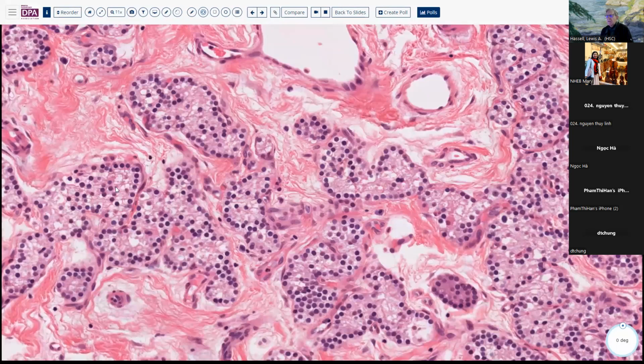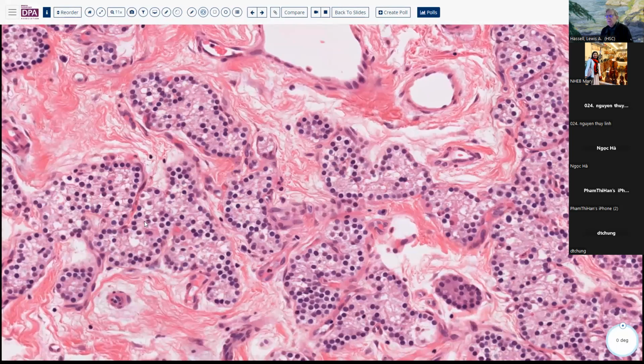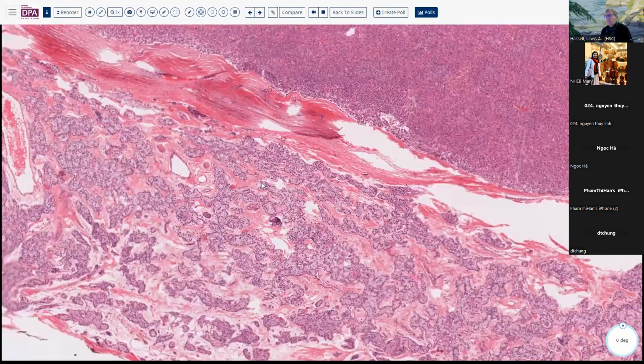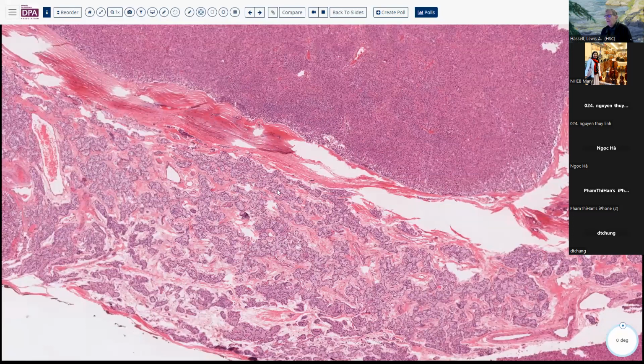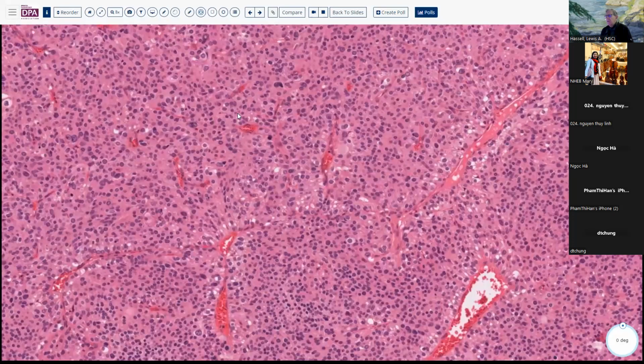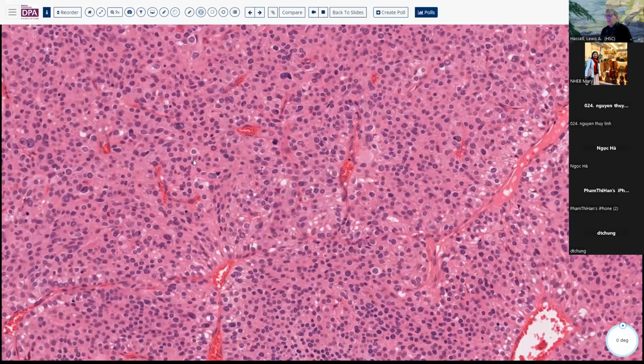And so if all of this clear material is lipid, that may be an indication that at least this portion is more normal and will probably be different than this area in terms of the amount of cellular lipid.